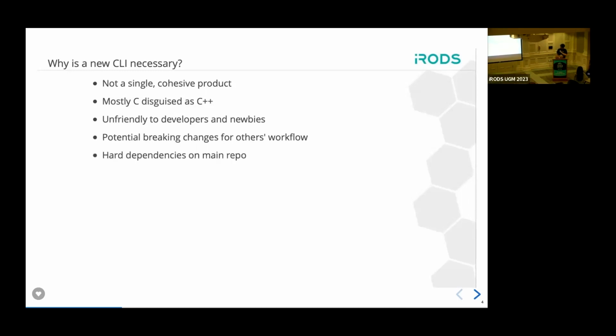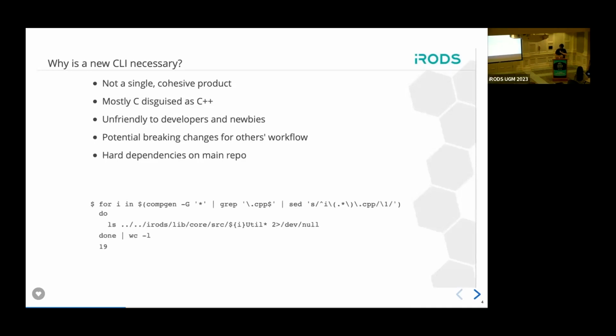And it has hard dependencies on the main iRODS repo. So here's a fun little shell command I threw together. Basically, it takes every single one of the iCommands and looks for a corresponding util library in the main repo. And there are 19 of them, which is a pretty big chunk.